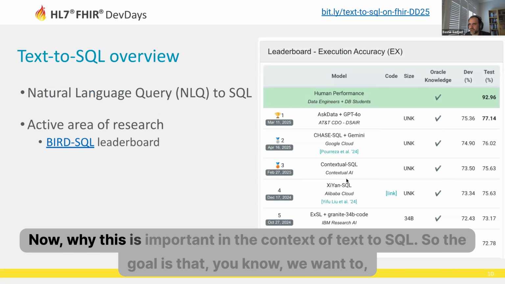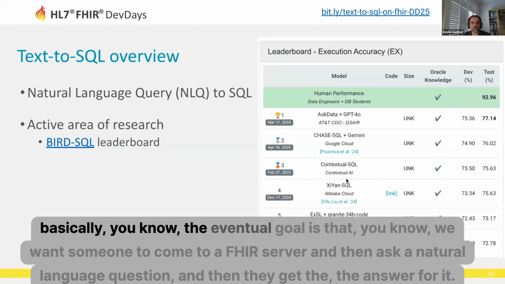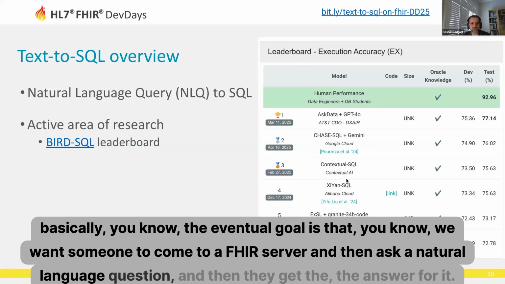Now, why is this important in the context of text to SQL? The eventual goal is that we want someone to come to a FHIR server, ask a natural language question, and get the answer for it.